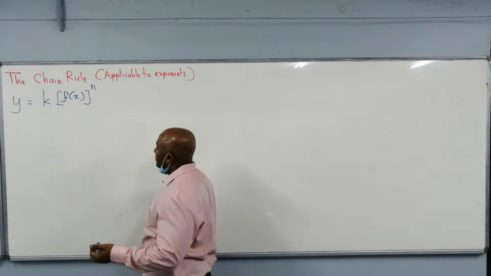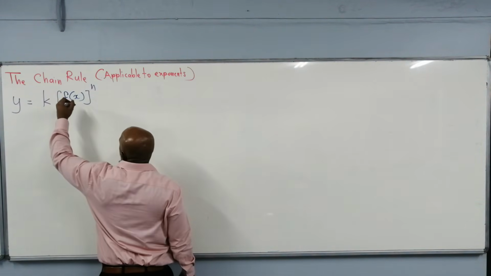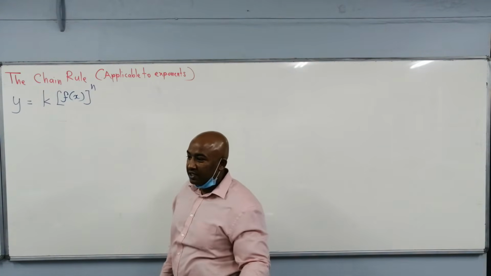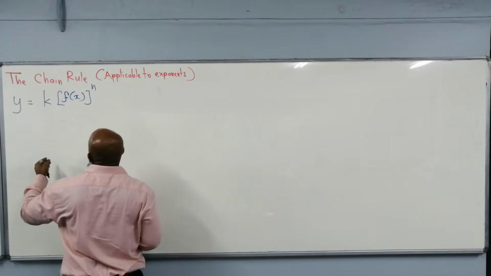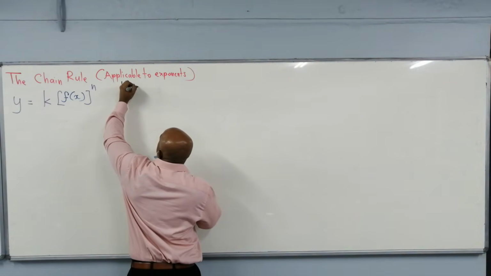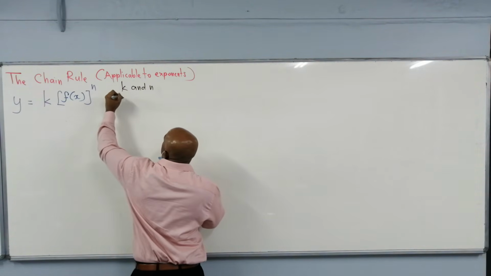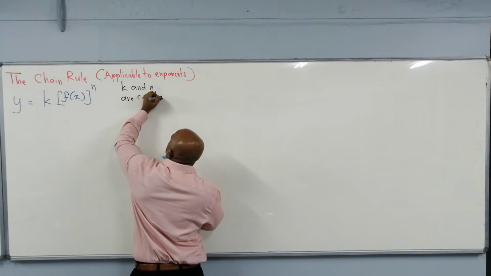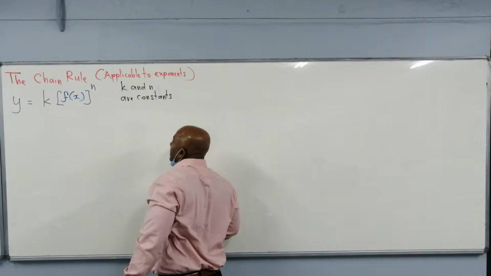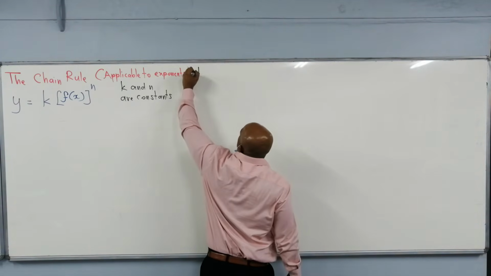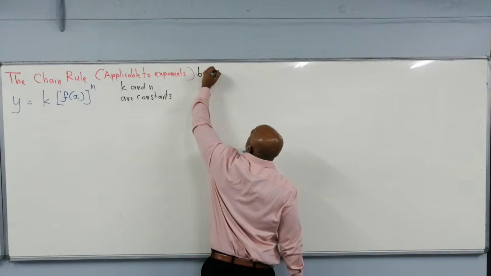So this here could be x, it could be sine x, it could be cos x. How do you deal with something like that? So now you know your k and n are constants. So now this is the chain rule by inspection.